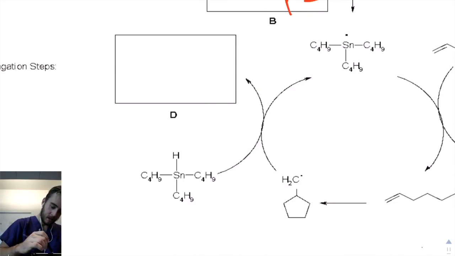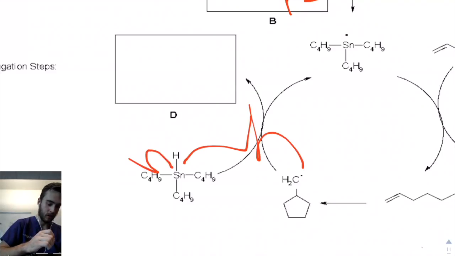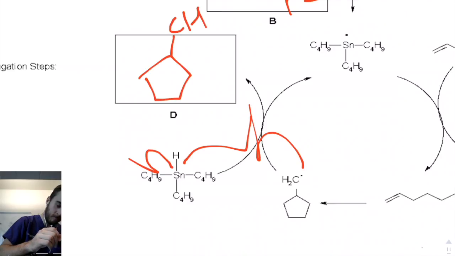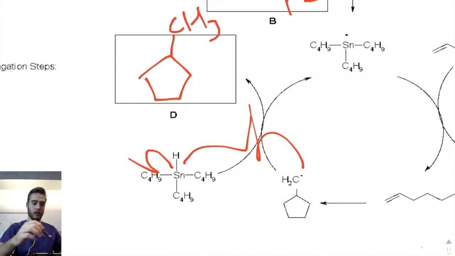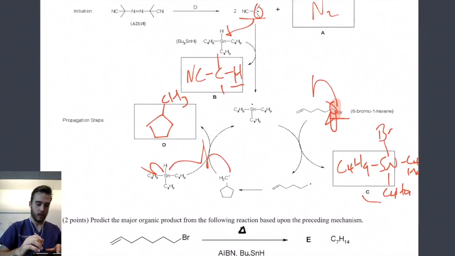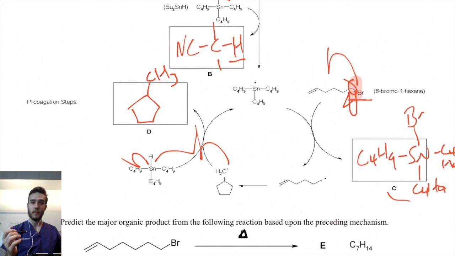We see that those come together, it steals the H, puts the lone pair electron on that SN molecule, creating CH3 because it stole the hydrogen atom. Okay, we got through that. Not so bad, right?